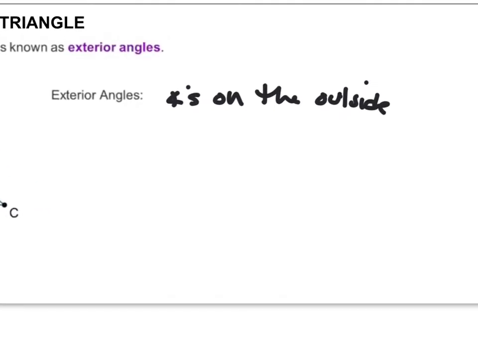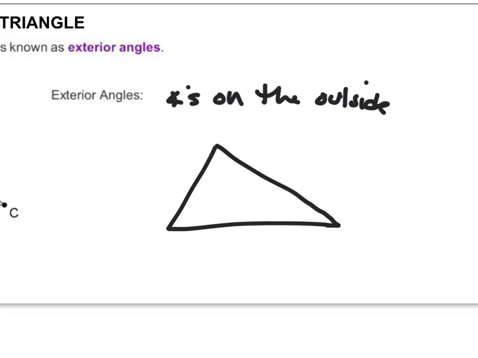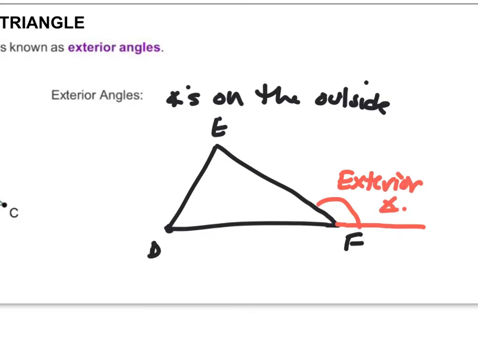But if I take a very similar triangle, and we'll call the points D, E, and F, first of all, we have to extend these lines out. If I extend out this side here, then this angle here would be an exterior angle. Now I had to create that, it's a little bit tricky. You could also extend out a line like this, and this angle here would be exterior.